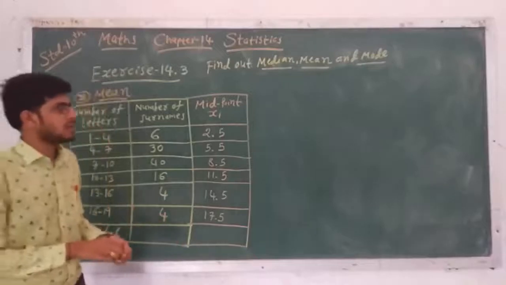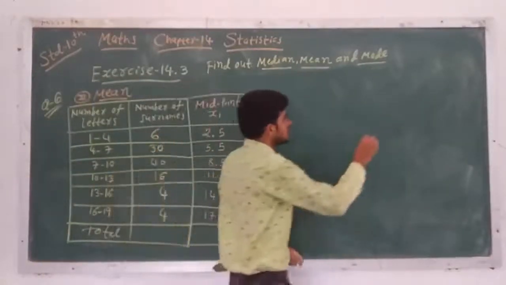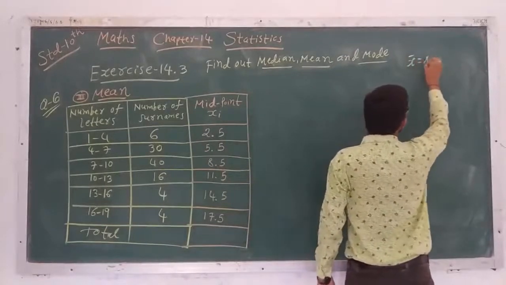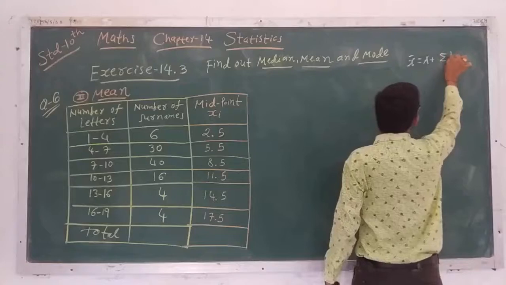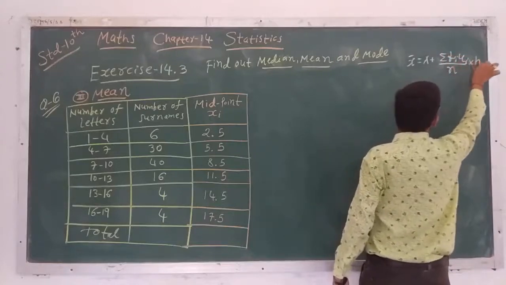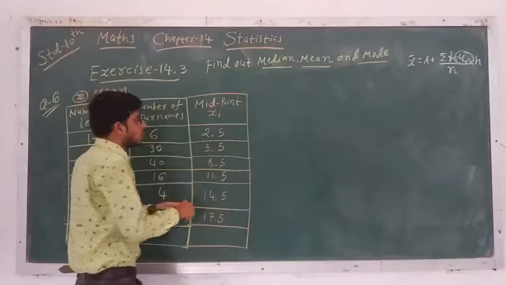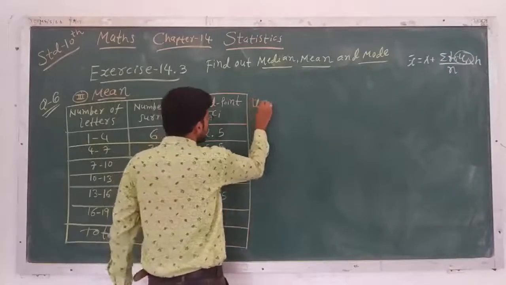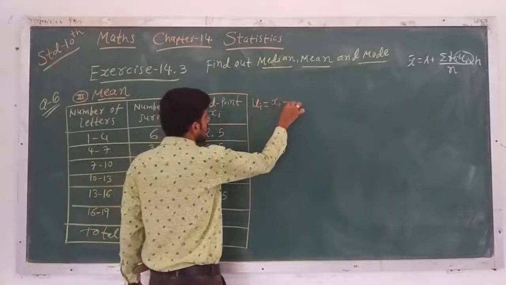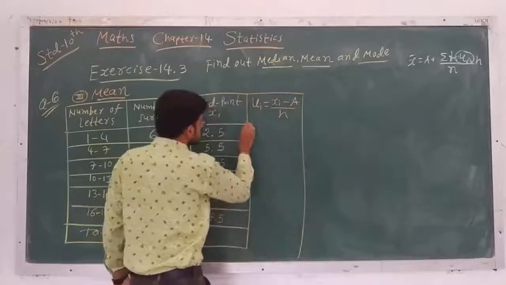What is the next column? We have to apply the step deviation method. The formula for the mean is x bar equals a plus sigma fi ui divided by n, multiplied by h. So we have to find ui. ui is equal to xi minus a, divided by h.